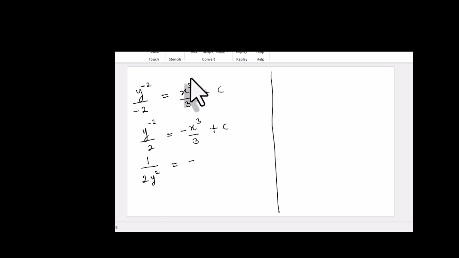Negative. Oh, sorry, don't forget this negative. Put the negative here because you actually multiplied through by negative. And here you're going to have minus x cubed over 3 negative c.